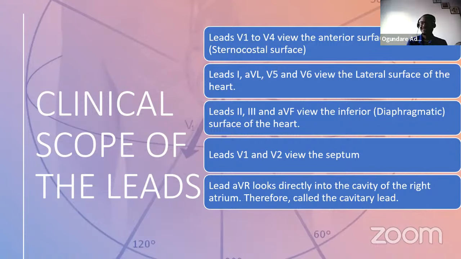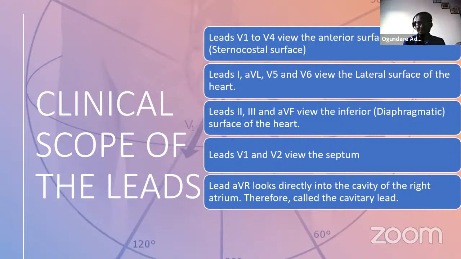Anytime there's a positive deflection in AVR, it tells us that there is an impulse coming from somewhere other than the SA node. That's an ectopic rhythm.